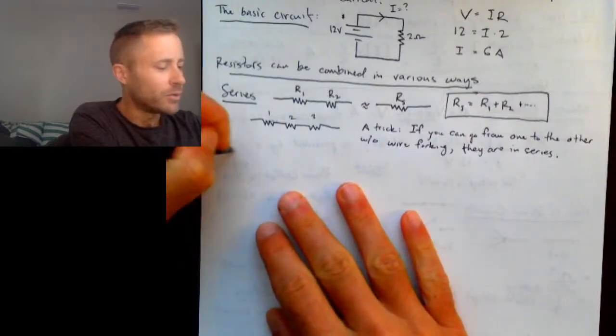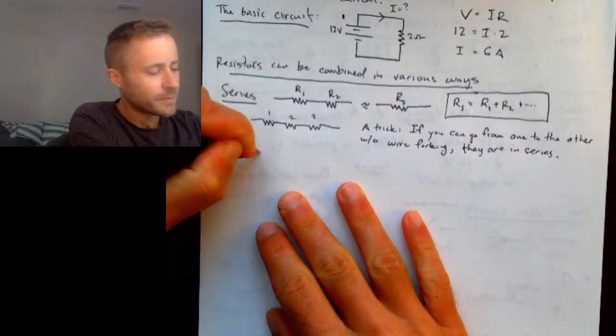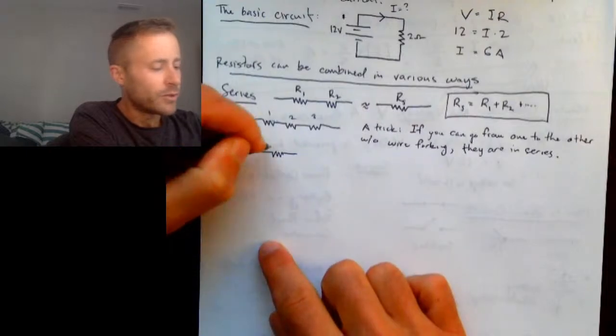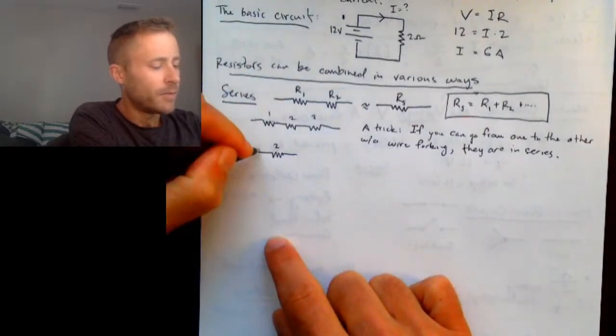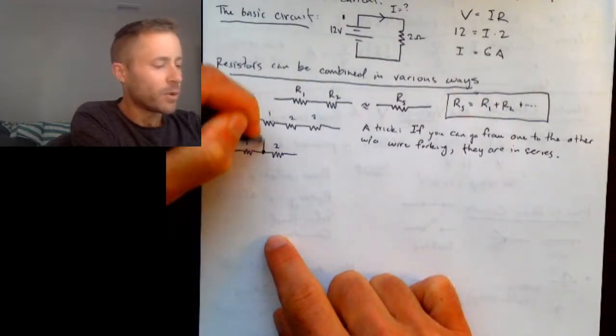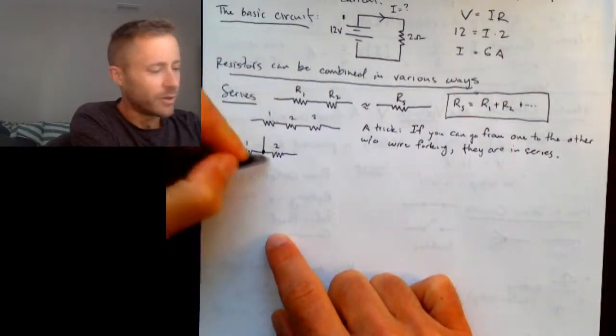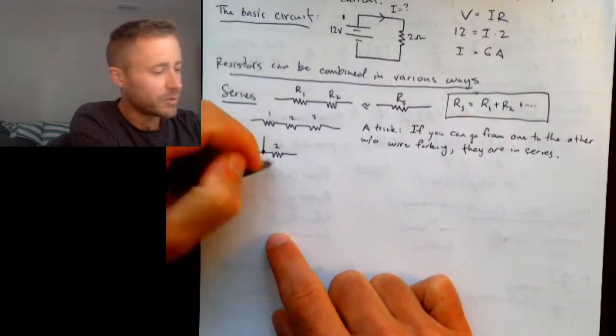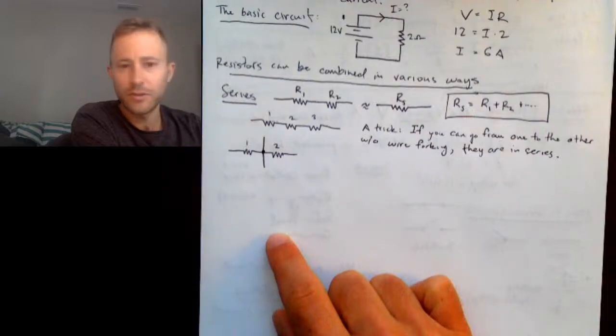But what if I had 2 resistors, 1 and 2, and then in between them, the wire forks? In other words, the wire splits in 2 or more pieces. Maybe it splits into 3 pieces.